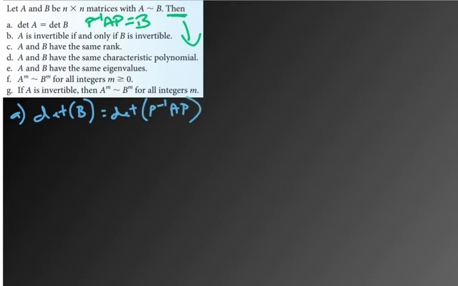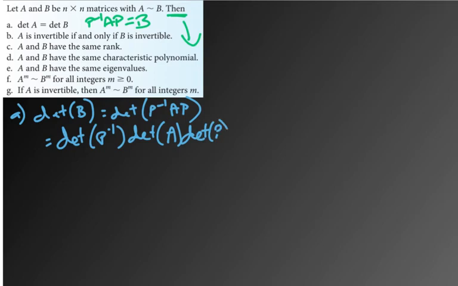But we have a property with determinants from a previous video, where the determinant of a product is the product of the determinants. So this is going to be equal to the determinant of P inverse times the determinant of A times the determinant of P. And there's another property that the determinant of P inverse is really just 1 over the determinant of P. And so I'll just copy the rest of this down.